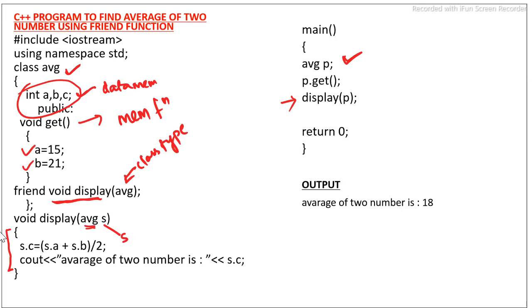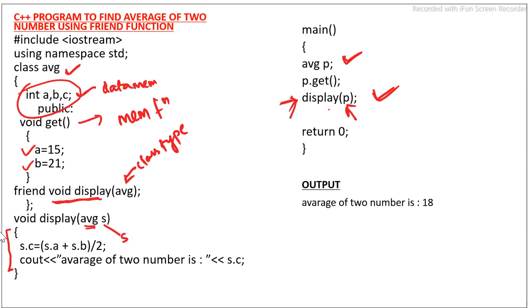Another thing to notice here is that a friend function can be called without an object. Directly we call the function name, display, the friend function name. Inside the parentheses we need to pass the object, since a friend function takes an object as a function argument, so it takes object P as the argument. As soon as display is called, it will execute this function definition.